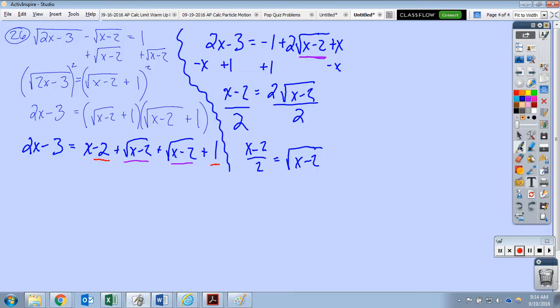All right, so now continuing from here, what would be the next step? Square both sides, that's correct. So if we square both sides, let's be careful here. It may be safe for you guys to just do this.